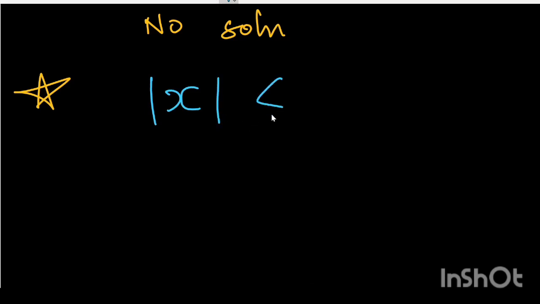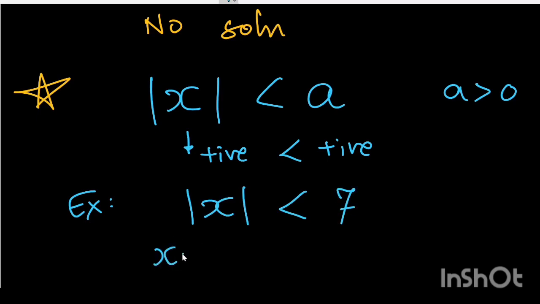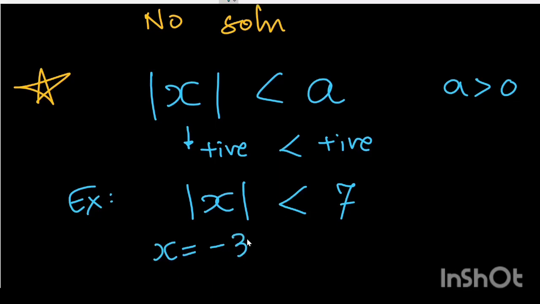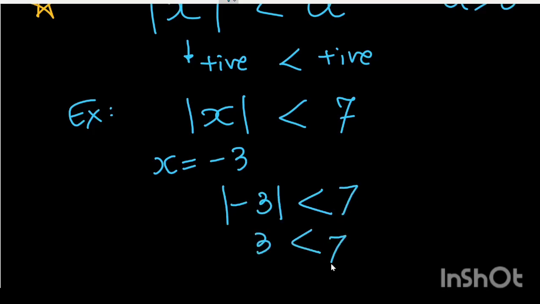Now suppose the situation is like this: |x| is less than a, where a is a positive number. Now again you can see that |x| is positive, a is positive, so positive is less than positive. This can be true depending on x. For example, if I ask |x| less than 7, and if I take x equals minus 3, then |-3| = 3 less than 7 holds true.